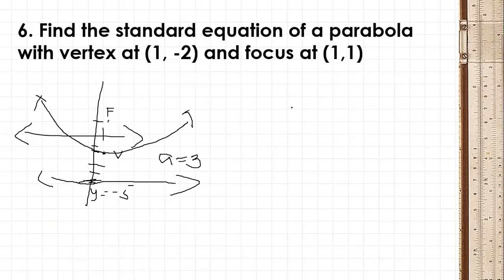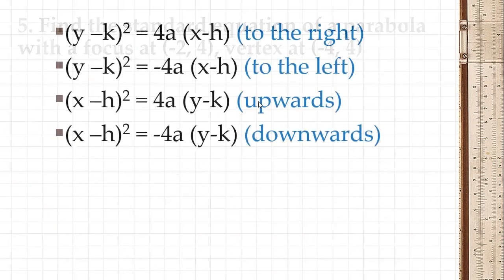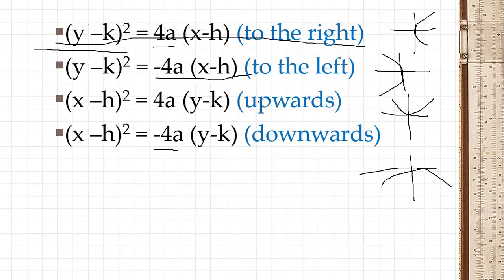Since the opening is upward, we use (x minus h) quantity squared is equal to positive 4a times (y minus k). Since upward po iyan, we can use negative 4a if downward.